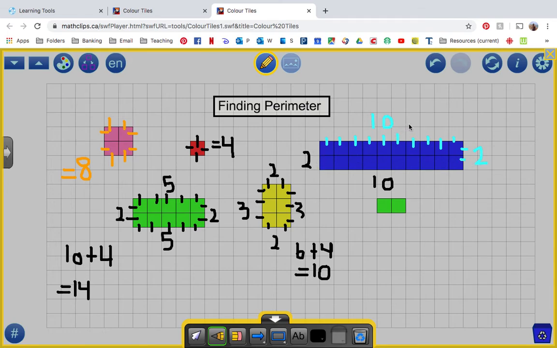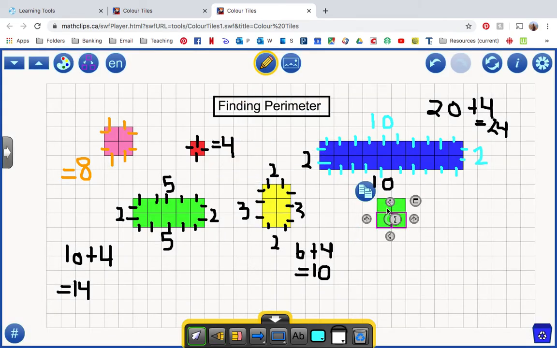And I'm going to add those together, and 10 and 10 gives me 20, and 2 plus 2 gives me 4. And that would be 24. And we can double check again by counting. So we know we have 12, 13, 14, 15, 16, 17, 18, 19, 20, 21, 22, 23, 24.